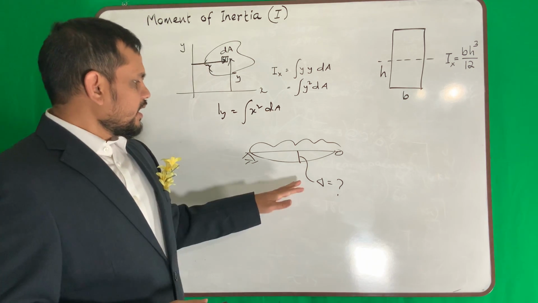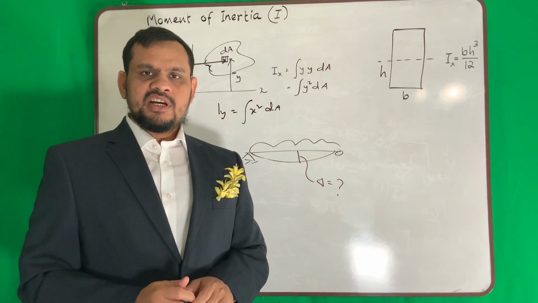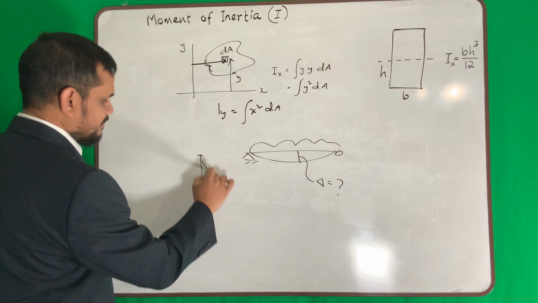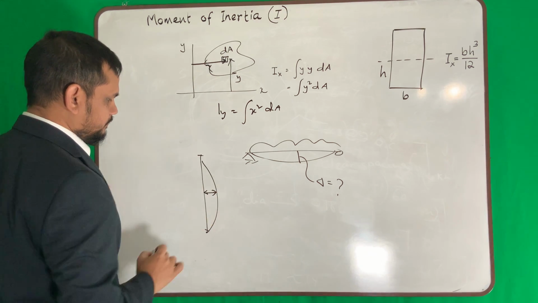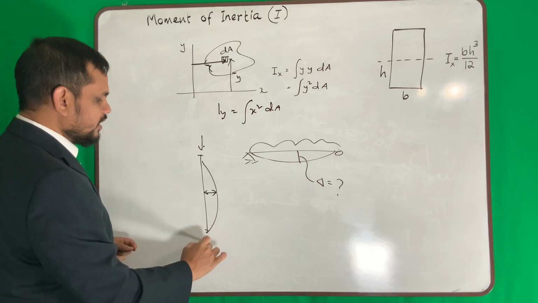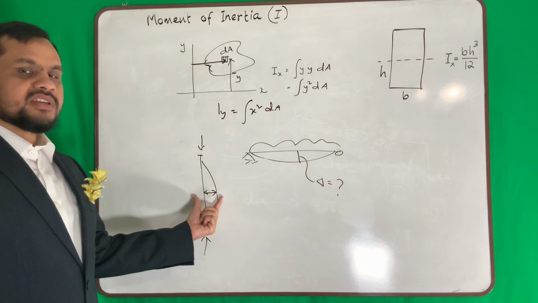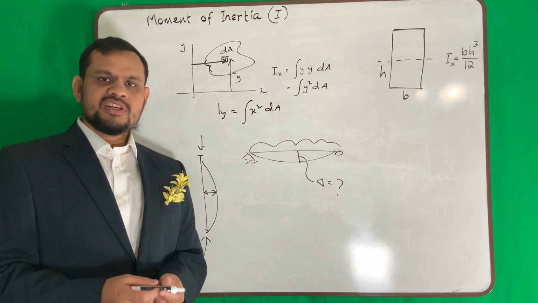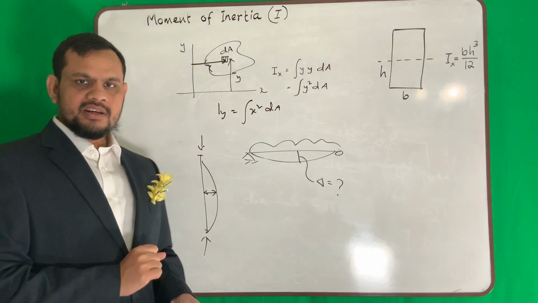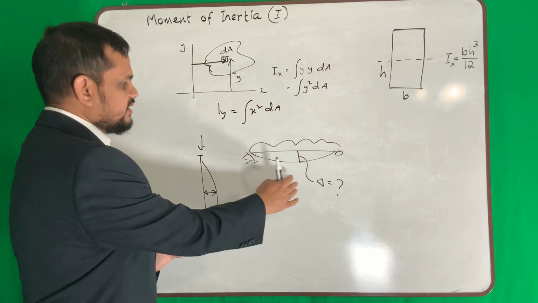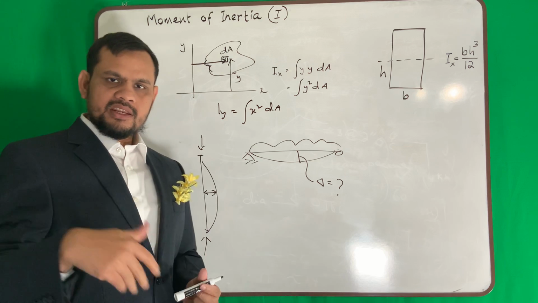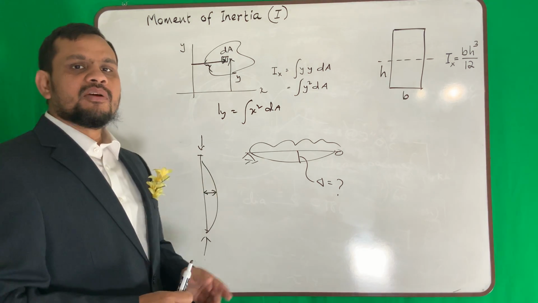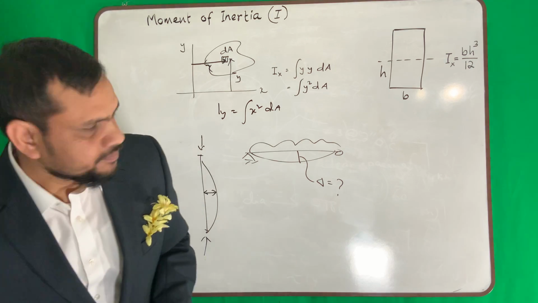Also, we need moment of inertia to calculate the capacity of a column, the buckling capacity. If there is a column, how much it will buckle depends on the moment of inertia. Moment of inertia higher means less buckling. We will discuss this deflection or buckling in our next class. So today our topic is how to calculate moment of inertia.